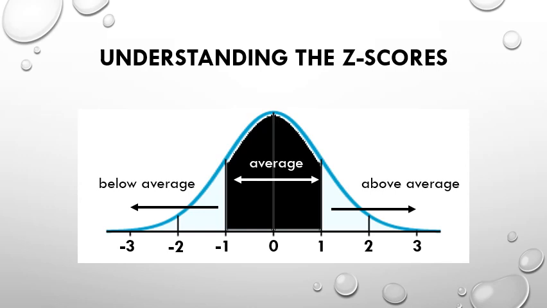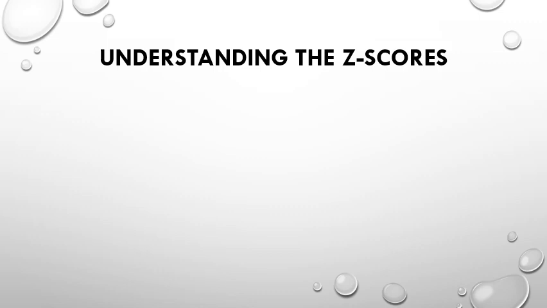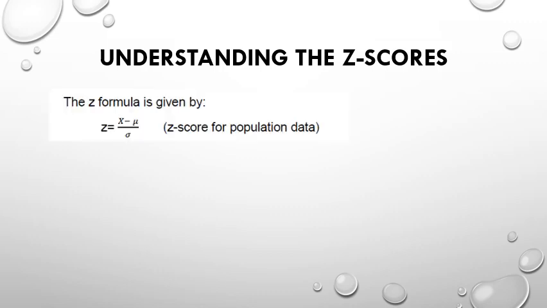So, mao na siya ang ipasabot sa atong normal curve. Unsaon na nato pag-interpret? So, we have a formula in converting a raw score to z-score. So, this is one of the formulas nga atong gamiton sa pag-convert sa raw score to z-score.